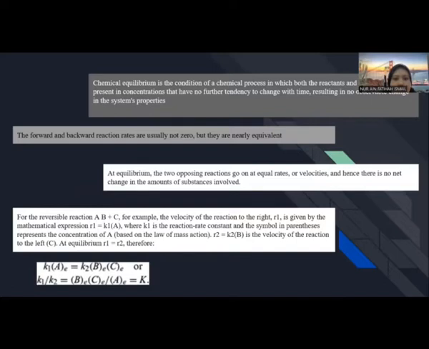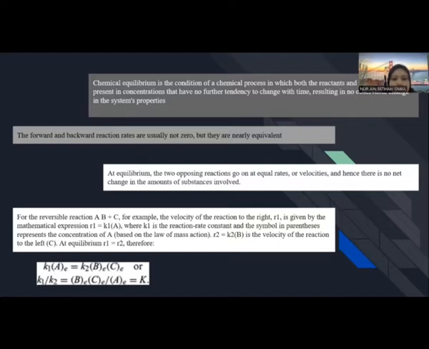In this state, the forward and backward reaction rates are usually not zero, but they are equivalent. As a result, there is no net change in the reactant and product concentrations. Dynamic equilibrium is the term for such a state.